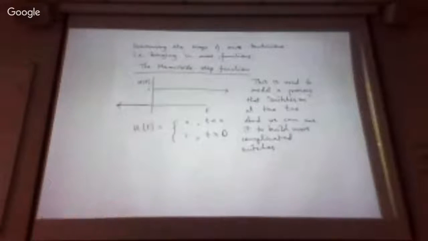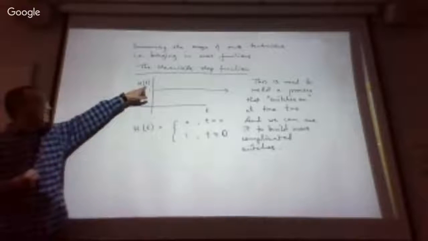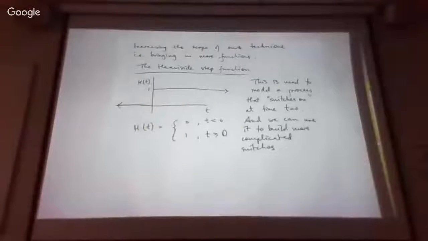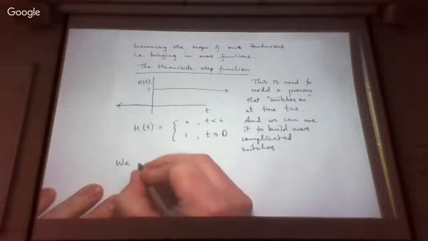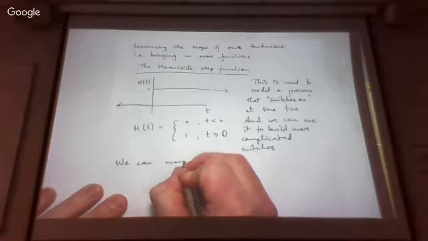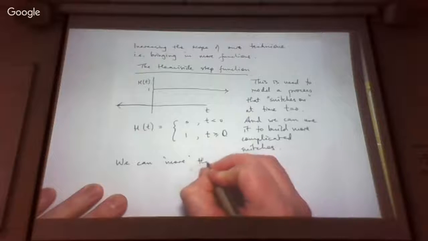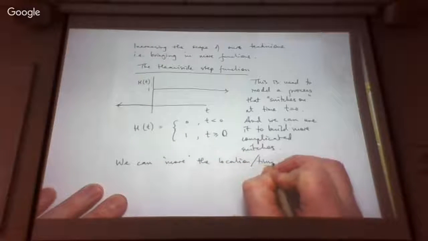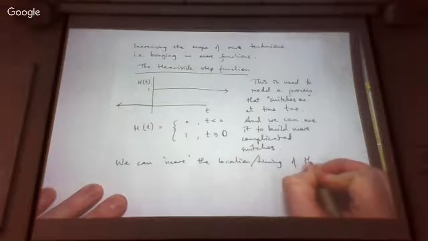Now, we don't need a whole family of different step functions. We can just, by manipulating this step function, produce different kinds of switches. So for instance, we can move the location, or timing, if you like, of the switch.